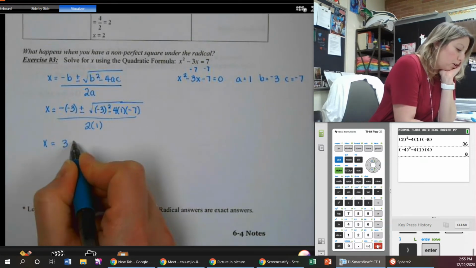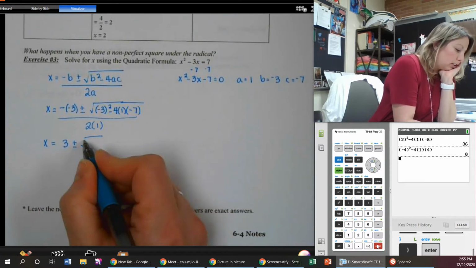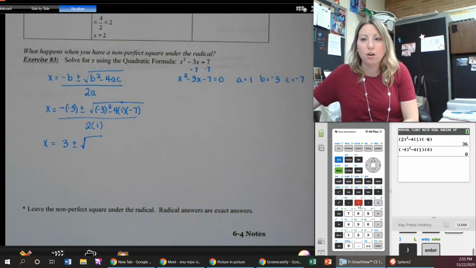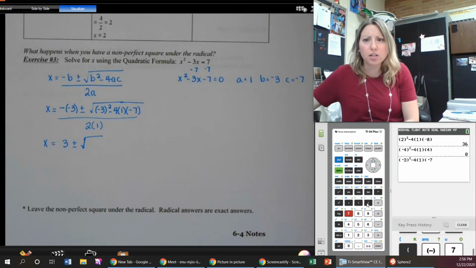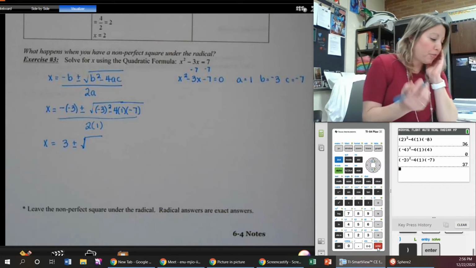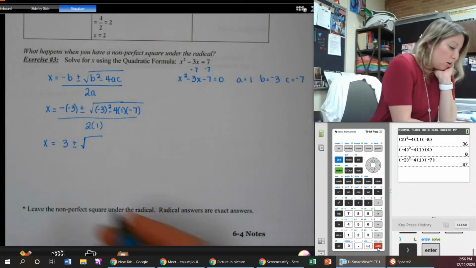I get +3 up here, plus and minus. Let's simplify the radical, plug into the graphing calculator right here. So -3 squared minus 4 times 1 times -7 gives me a +37, but 37 is not a perfect square.